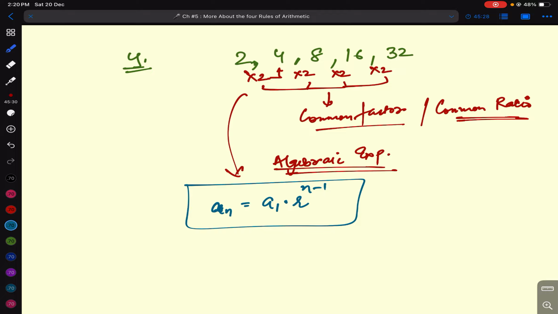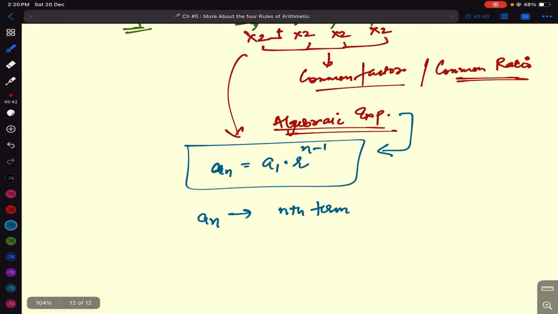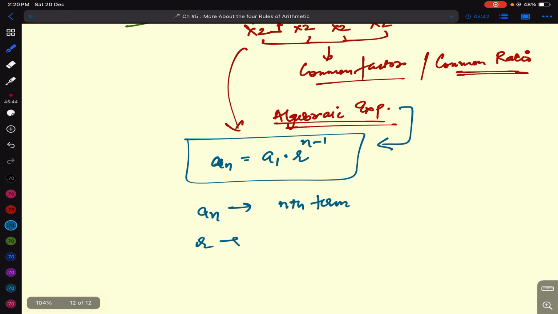So this is your algebraic expression. What is an? This is your nth term of the sequence. r is your common ratio. What is a1? The first term.